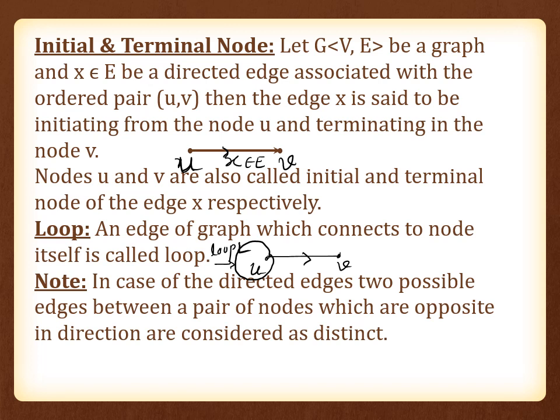Note, in case of directed edges, two possible edges between a pair of nodes which are opposite in direction are considered as distinct.